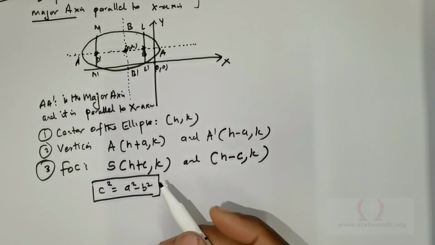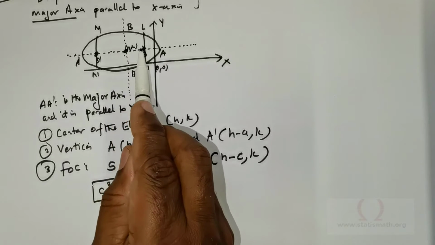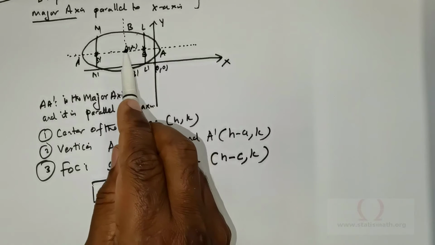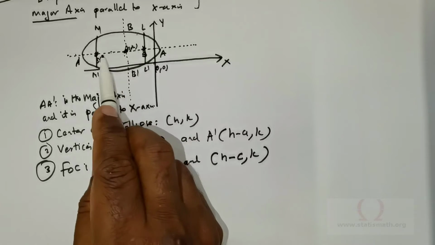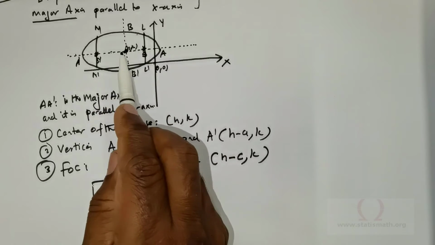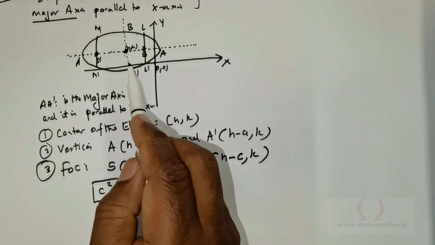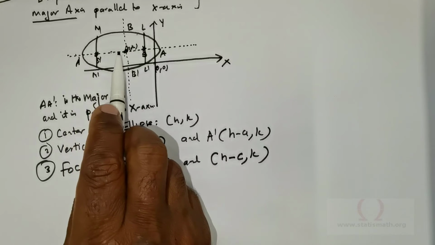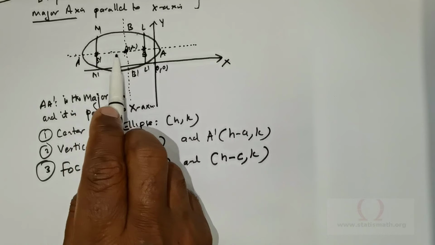So the foci would be at the same distance from the center. Of course, the figure is not to scale because this point is a little bit away, so don't worry about it.